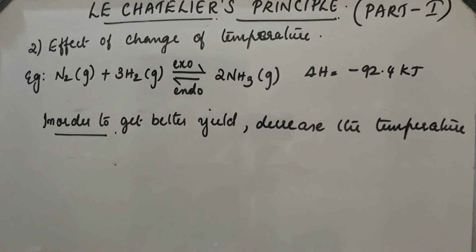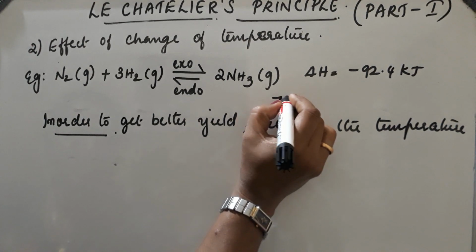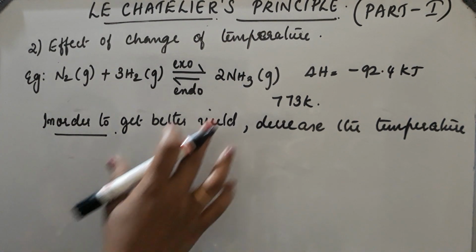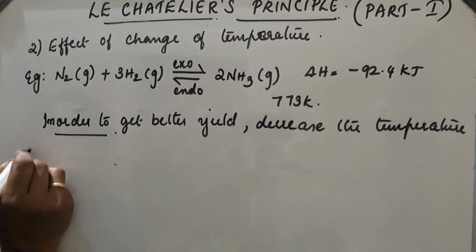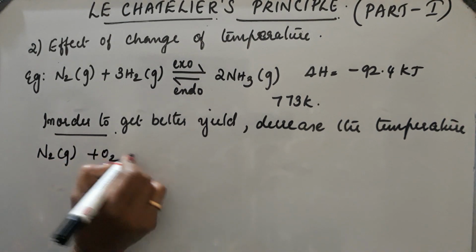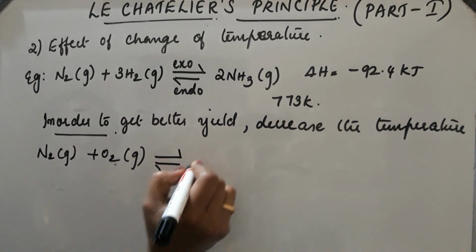Now let us take another example. Normally the reaction takes place at an optimum temperature of 773 Kelvin, at which we get the maximum yield of ammonia. Another example, N2 plus O2 gas gives 2NO.